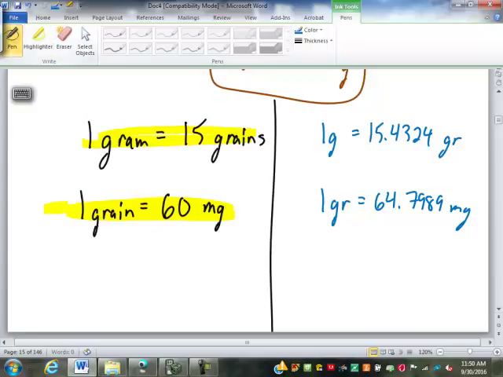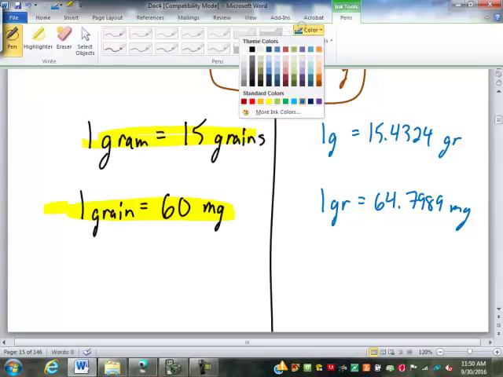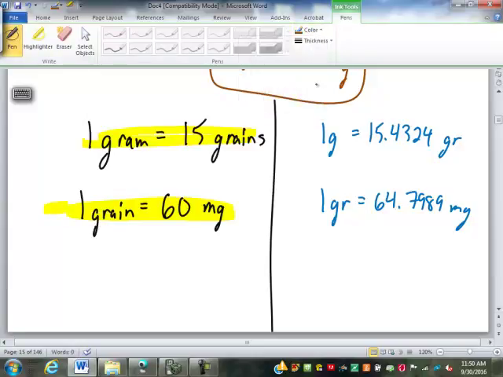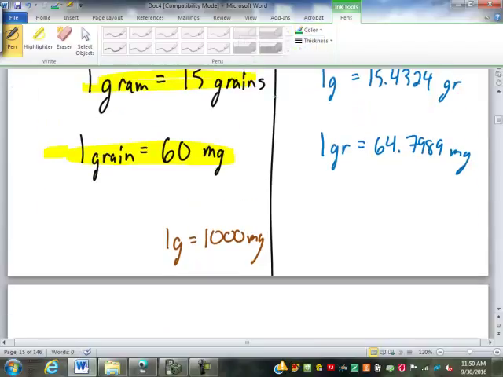Now, here's what always drove me nuts about this, and I mean, you're not going to be tested on this, but how many milligrams in a gram? 1,000, right? There should be 1,000. 1 gram should be 1,000 milligrams. But if we use this, let's say I'm going to convert using the grains.